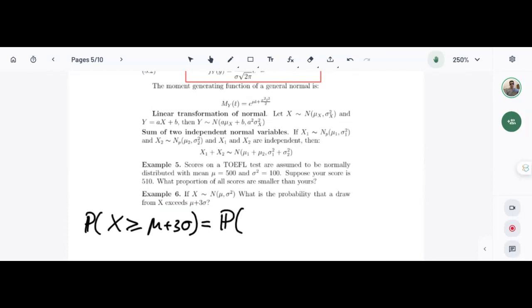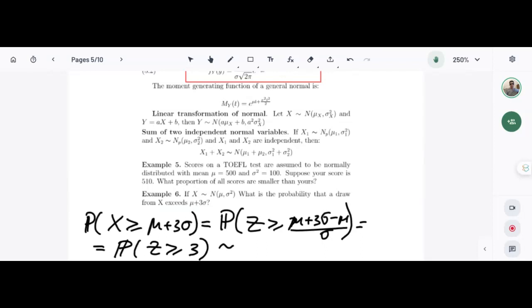If you apply it to the right side, you receive (mu plus 3 sigma minus mu) divided by sigma, which gives you, actually not sigma, but 3. So this is the same probability as the probability of Z being greater than or equal to 3, which is approximately 0. You can check that.